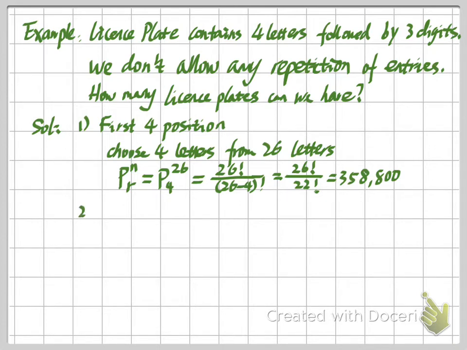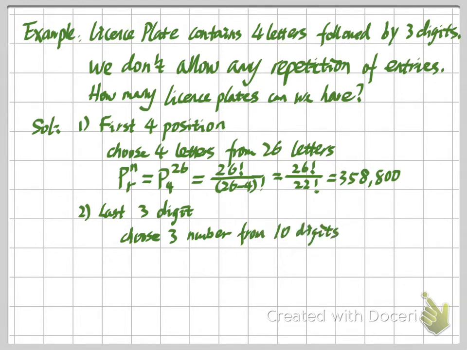And then we have our second part, the last 3 digits. The idea is very similar. Now we want to choose 3 numbers from the total of 10 digits. We just change the values of R and N, but the idea is exactly the same.